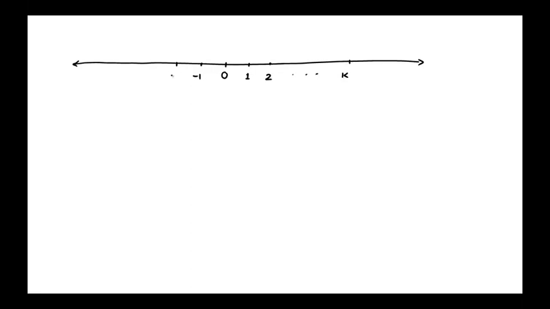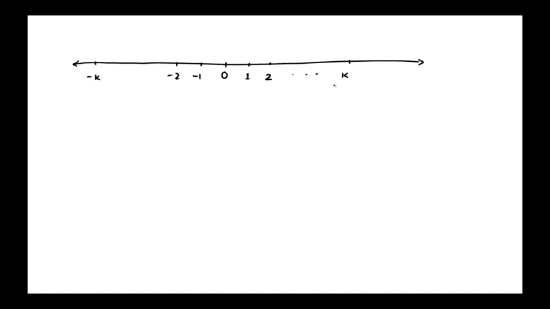Okay, so let's try to describe the state of a particle which is free to move along a line which stretches out from -infinity to infinity. So let's pretend for the moment that a particle is only allowed to be in one of a discrete set of states, only on these particular points, the integer points from -k to +k.